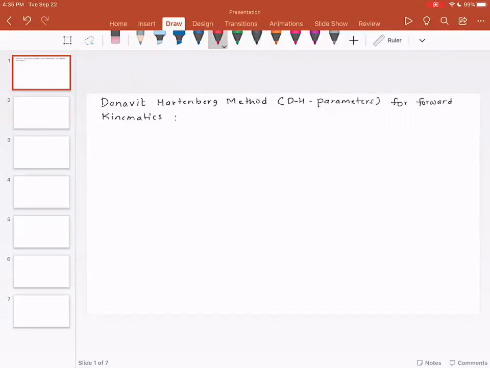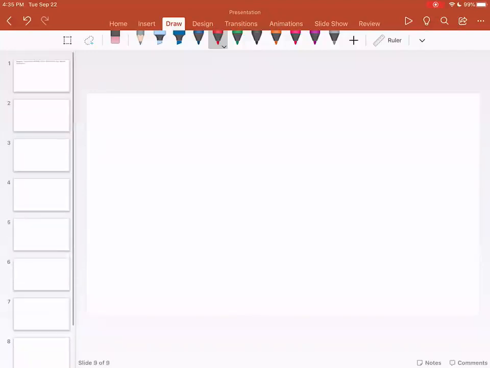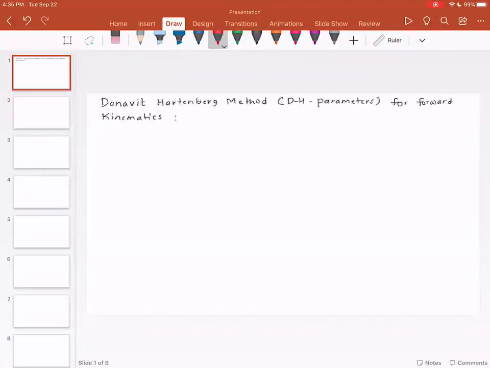So I'm going to give you the technique today. I will work out one problem and I'm going to do it in detail, repeating it multiple times since it's the first problem. And in the next class, I will work out some more problems, because that way you will be familiar with how to solve the problem with DH parameters.